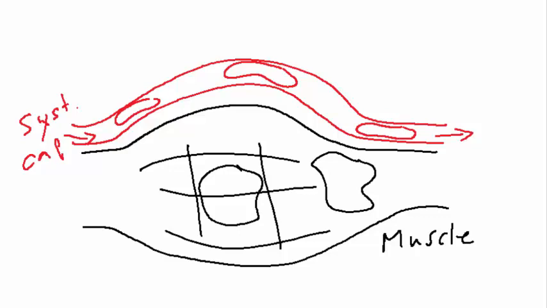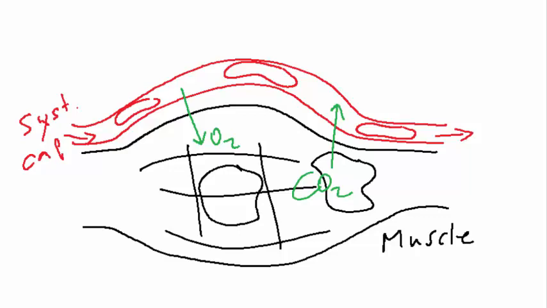So in this case, we're producing carbon dioxide, CO2 is produced and wants to go out of the muscle and into the systemic capillary. Oxygen, on the other hand, is being delivered by the blood and is being used by the muscle. So we have oxygen coming in from the capillaries into the muscle fiber.